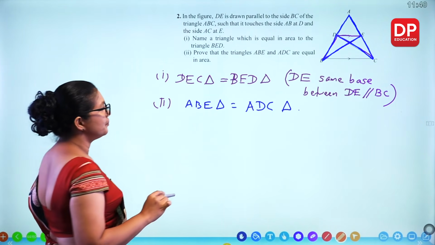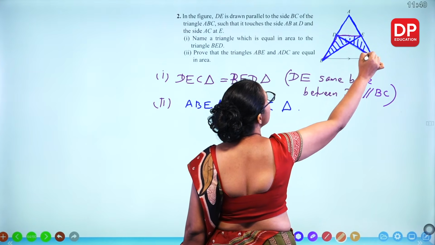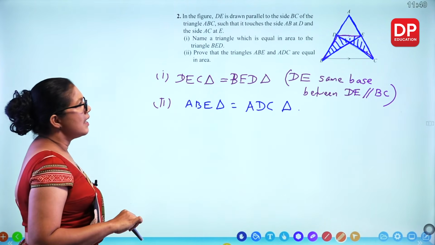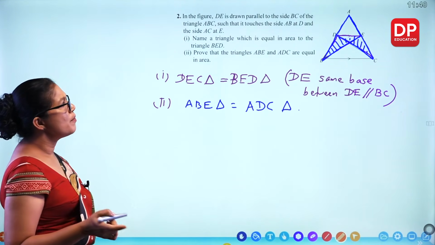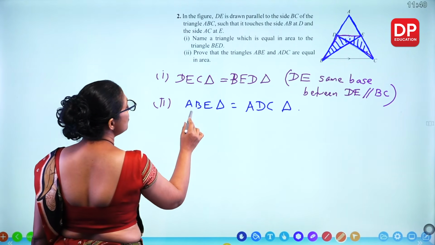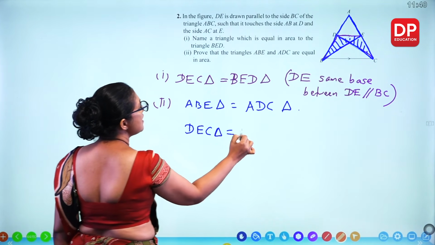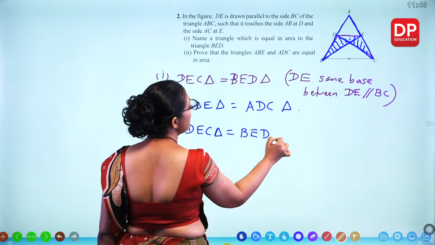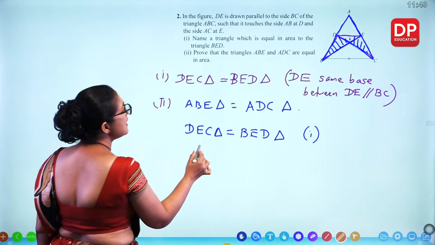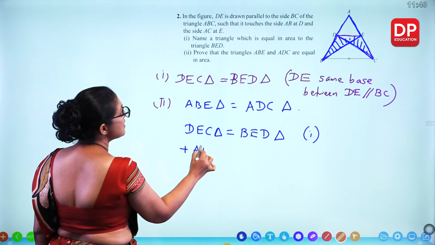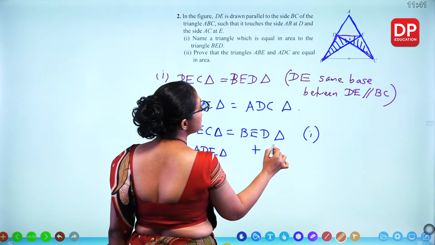But we know from the first part this area and this area are equal, and I can add an extra triangle to both sides. We found triangle DEC is equal to triangle BED from the previous part. I'm adding triangle ADE to both sides.